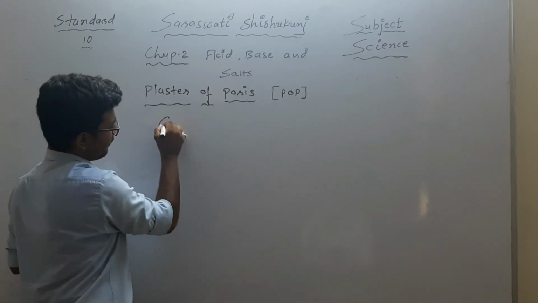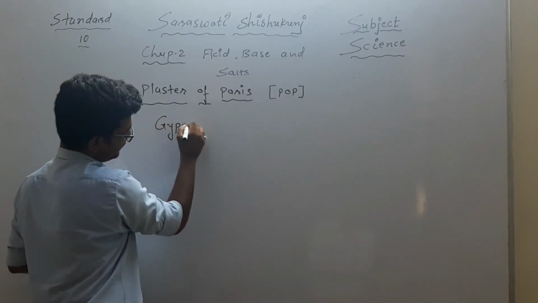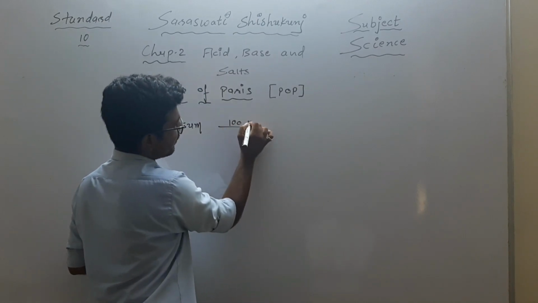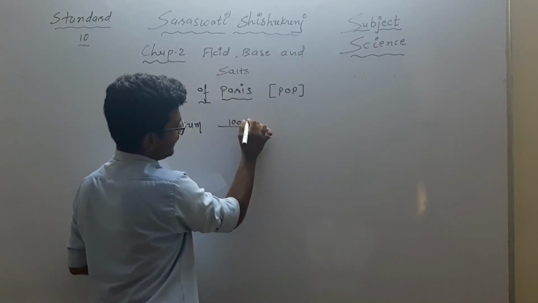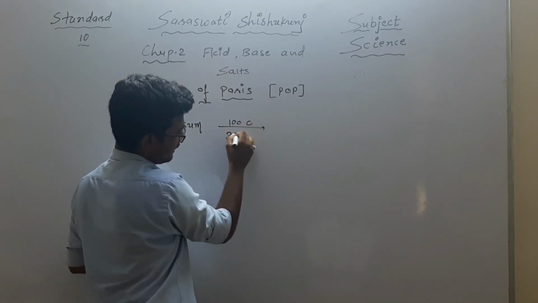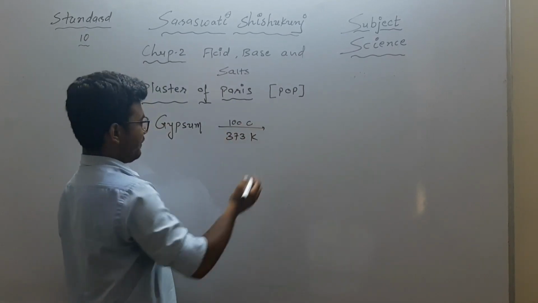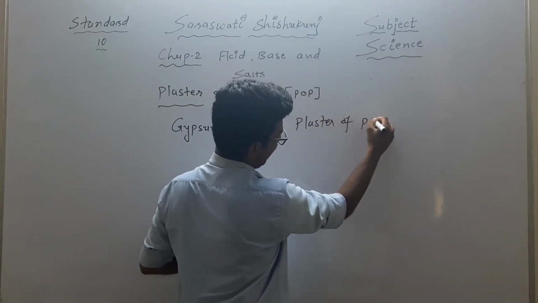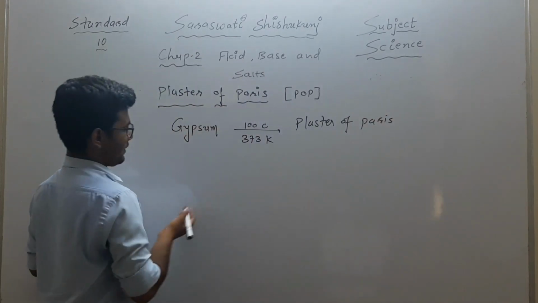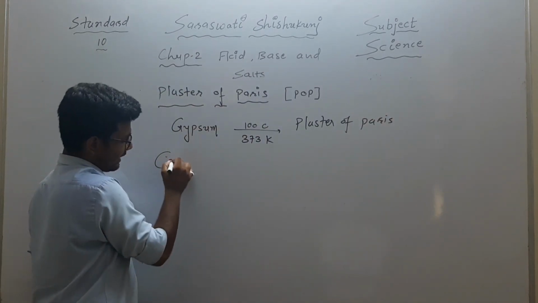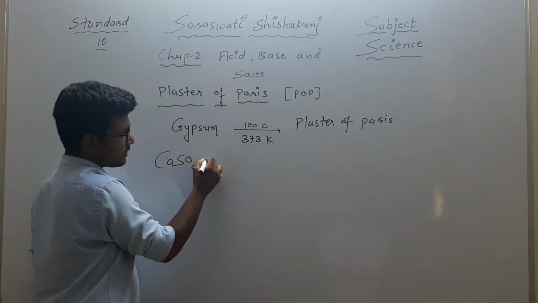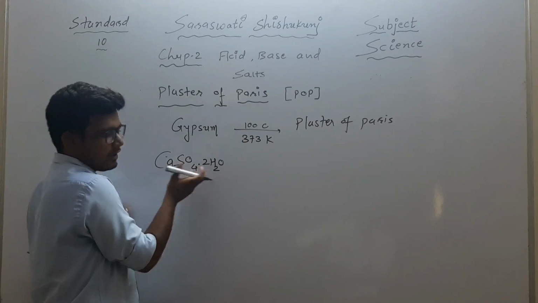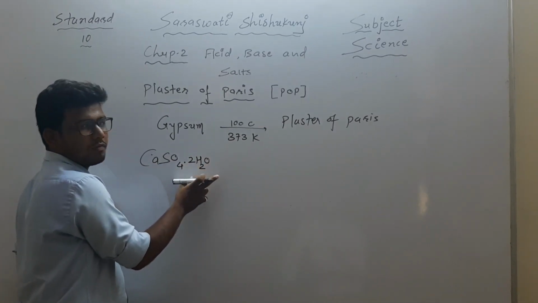For that we will require gypsum, and when gypsum is heated at 100 degree centigrade, or 373 Kelvin, it will give us plaster of Paris. Now let's try to understand it. Gypsum, that is CaSO4 into 2H2O, right? CaSO4 will have crystals of 2 water.